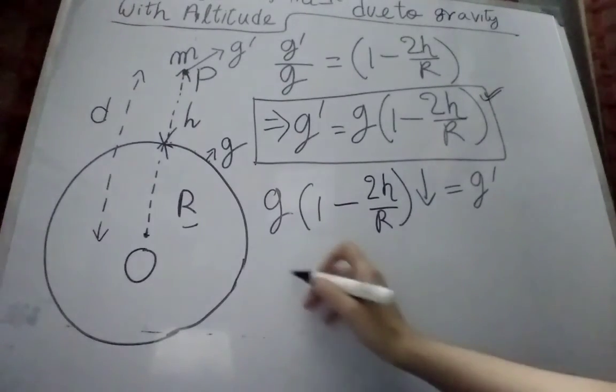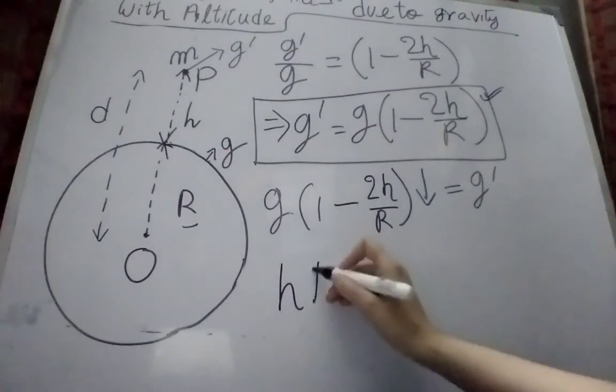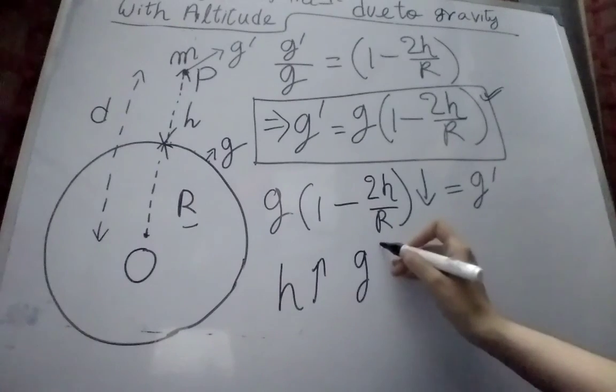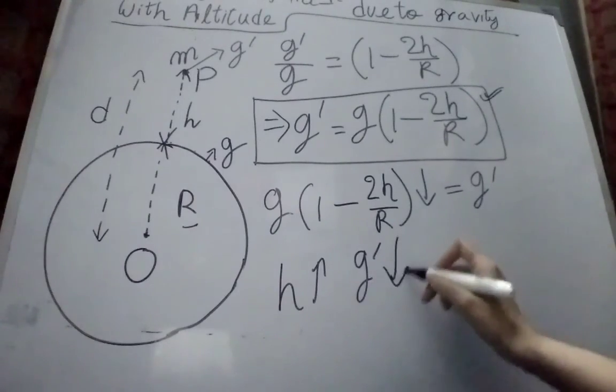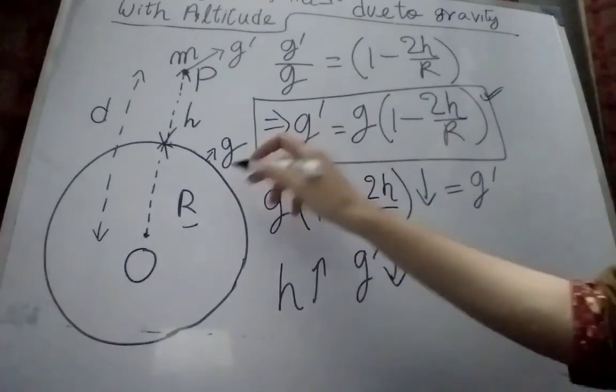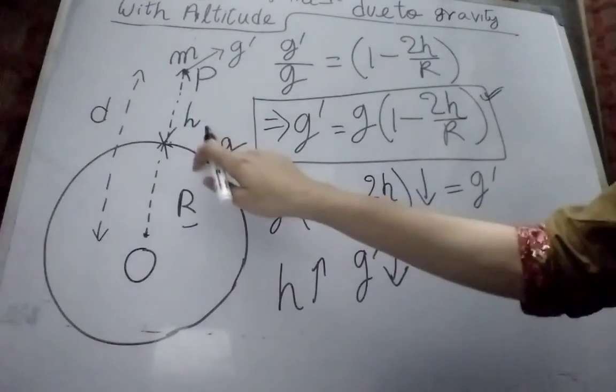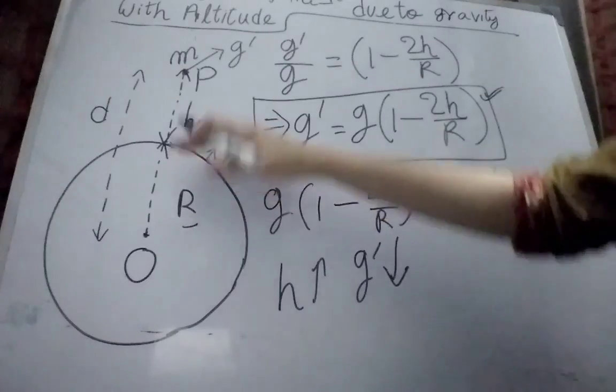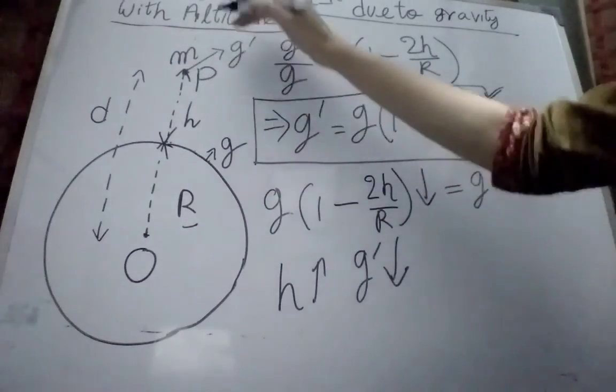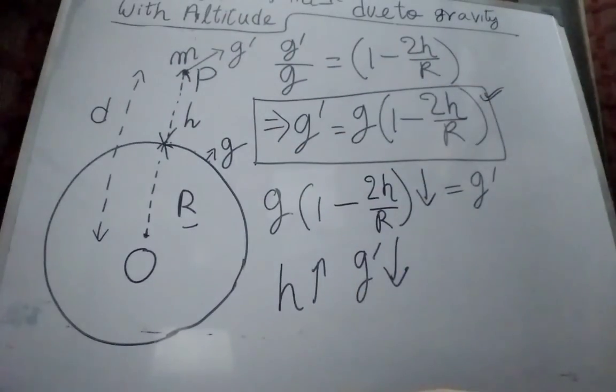So what does it mean? It means that if height increases, then g dash, the gravitational acceleration, decreases. So the gravitational acceleration g is high at the surface of the earth, and as the height increases, the gravitational acceleration will start to decrease.